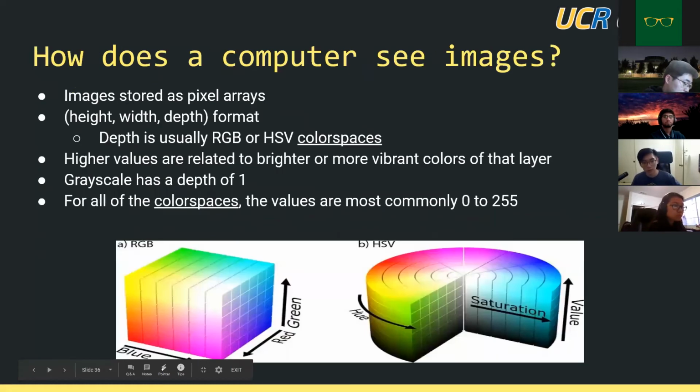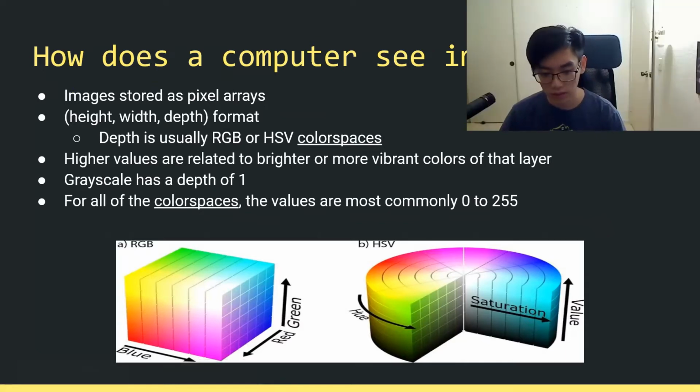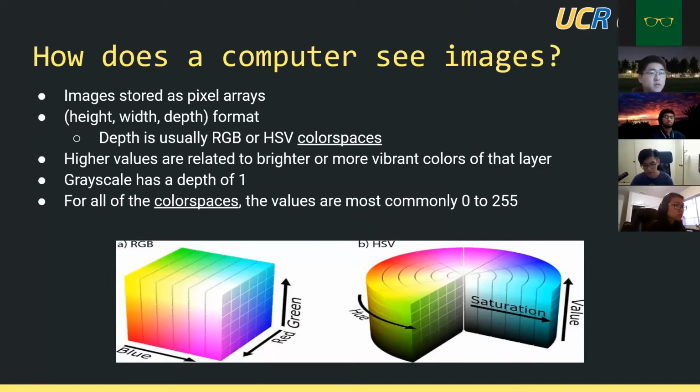Okay, so moving on to the actual content, the first thing that we need to talk about is how does a computer see the images? Well, with our eyes, there aren't really pixels, right? We just kind of take in light into our retinas. When we take pictures with a camera, the sensors take in light at certain spots and we write that into a grid basically. So in modern computers, images are stored as arrays of pixels.